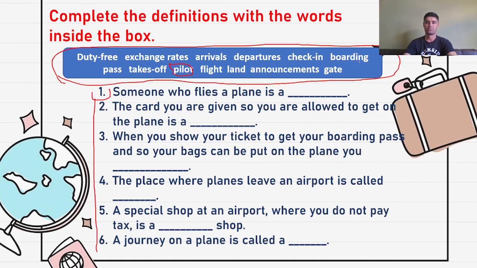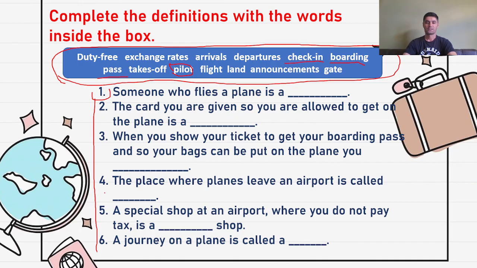The card you're given so you're allowed to get on the plane is a boarding pass. Correct. Next, when you show your ticket to get your boarding pass, and so your bags can be put on the plane, you check in.